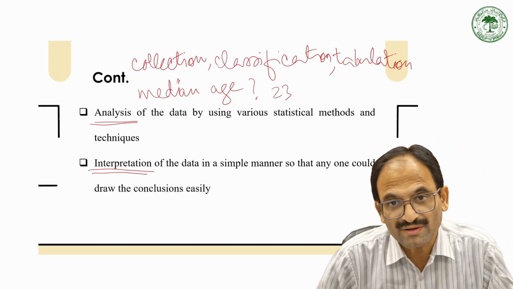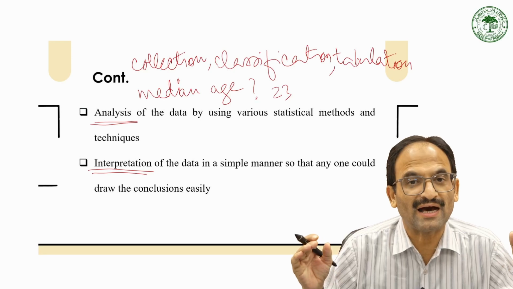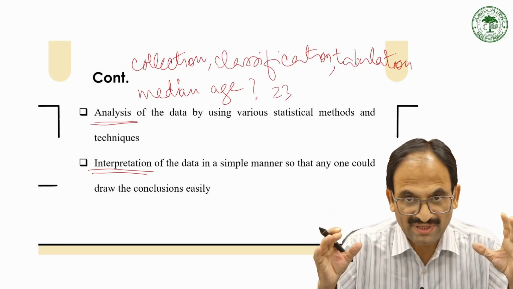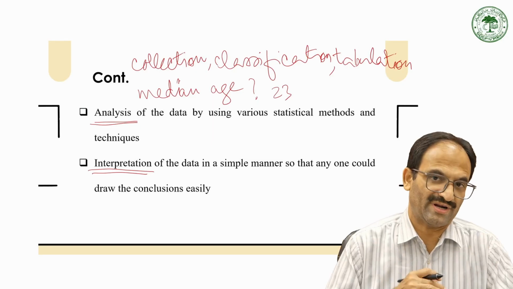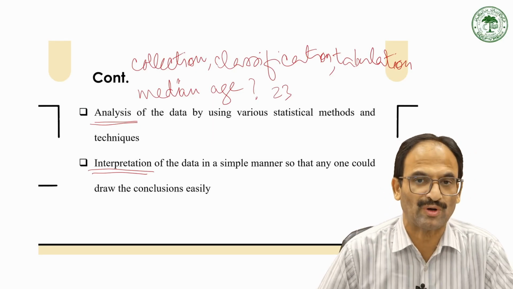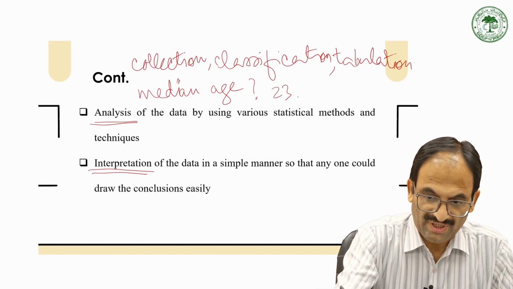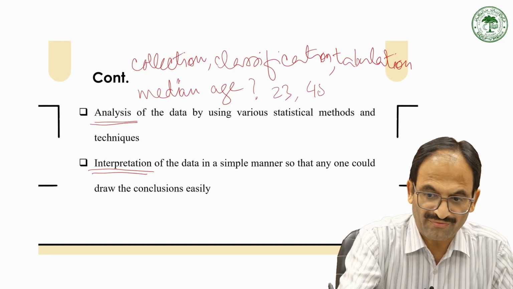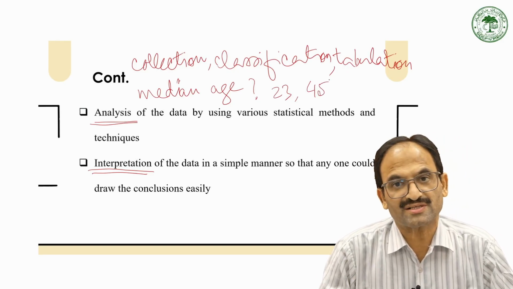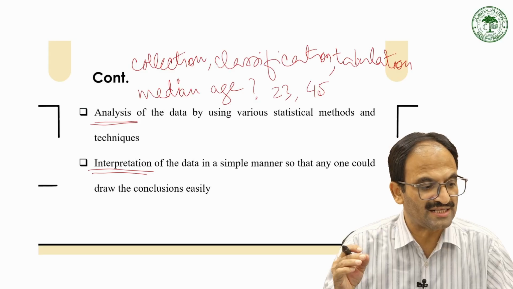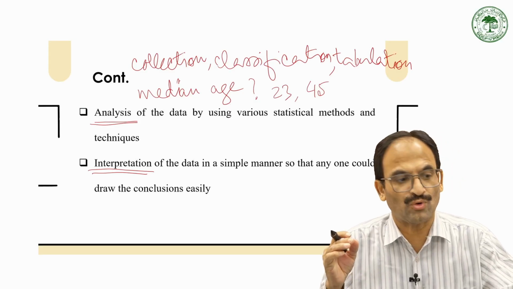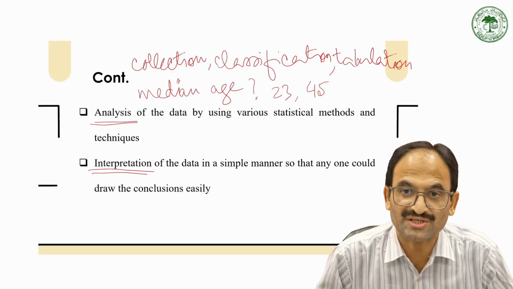It means that by and large, in this population, youths are more in comparison to aged people. If the median age comes out to be 45, it says that the youth population is less and aged people are more in that particular population.